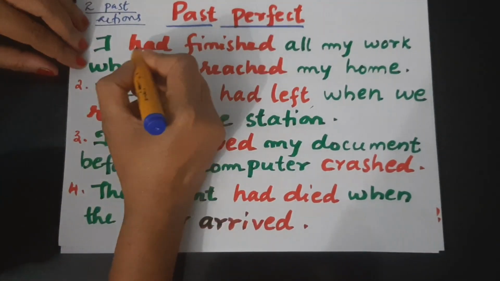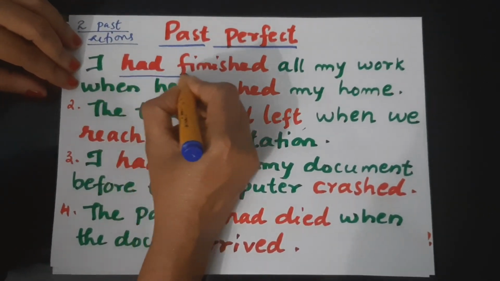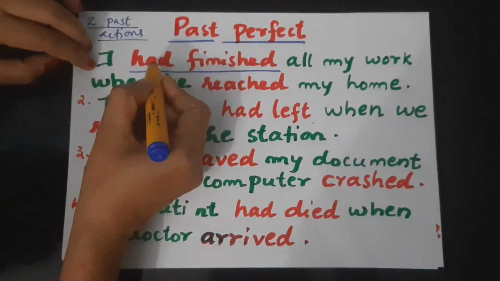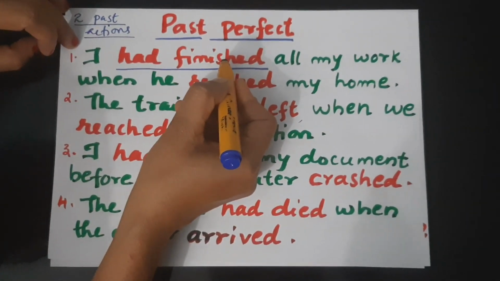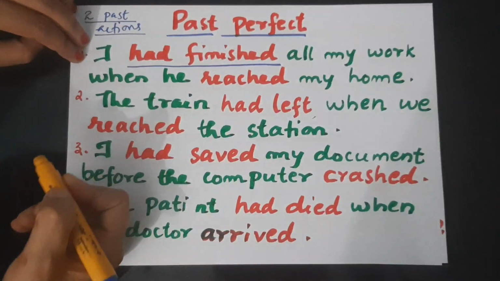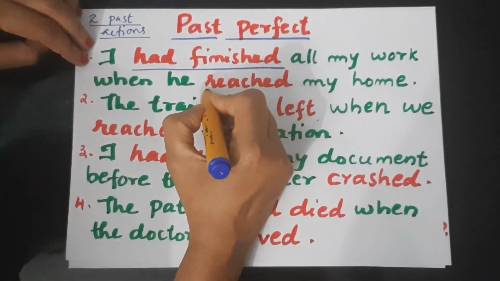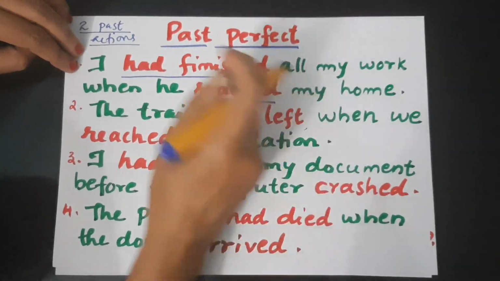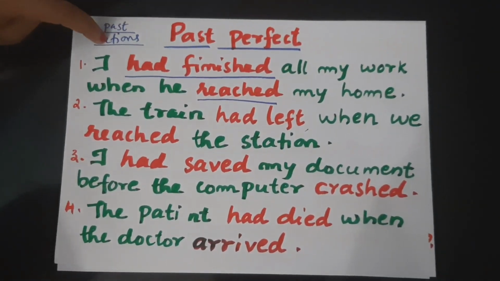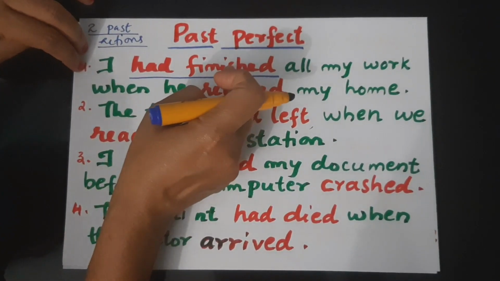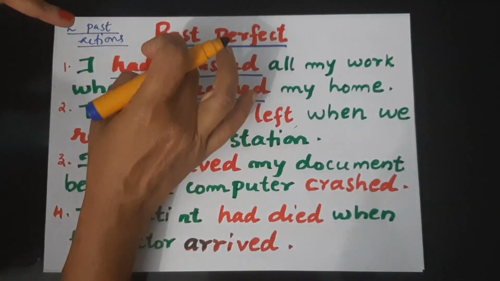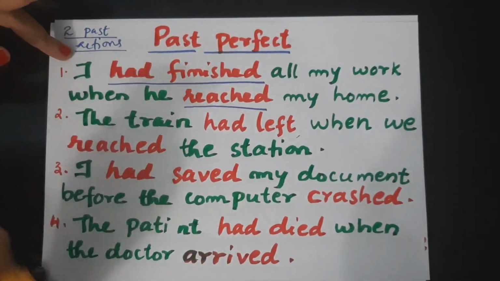I finished my work is the first completed action, so there you can use past perfect tense. So I had finished all my work when he reached. Here only simple past. So that is it. When you talk about two past actions, for the first completed action, you can use past perfect tense. That's it.